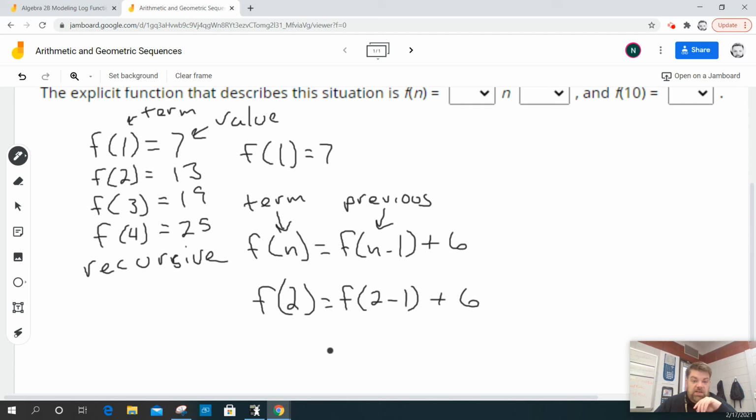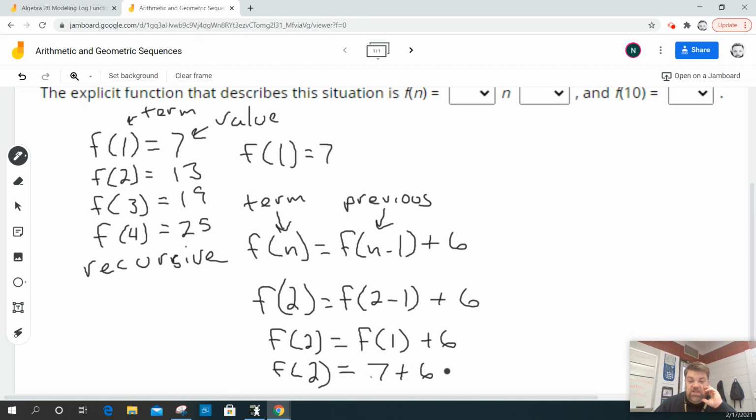Well, what is 2 minus 1? F of 1, and I'm going to add 6 to it. Well, what's f of 1? F of 1 is 7 plus 6, okay? So my second term then is 7 plus 6, which is 13. Hey, guess what? That's true.